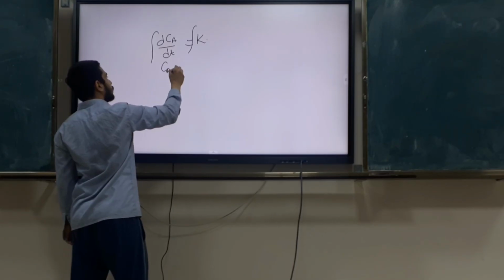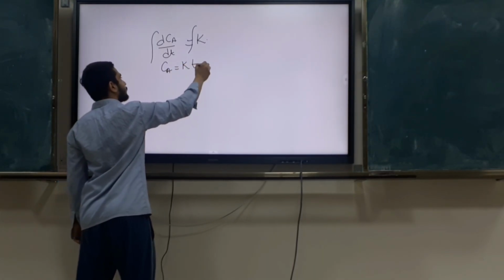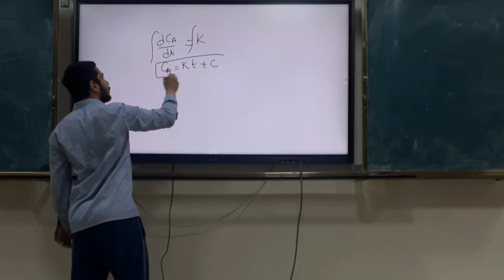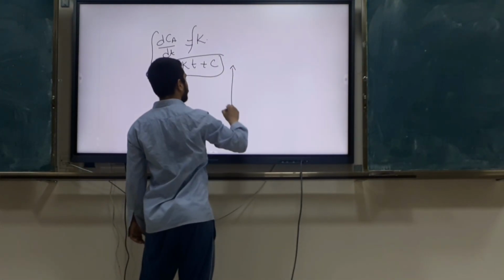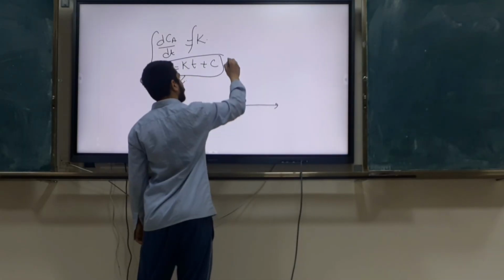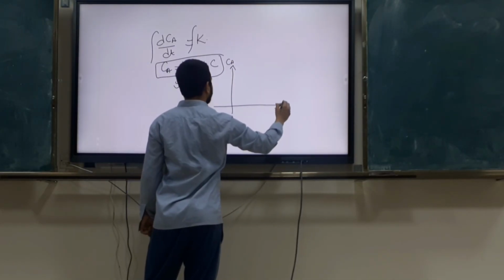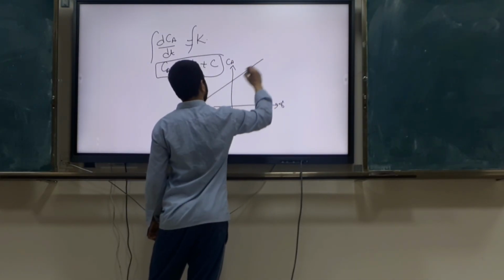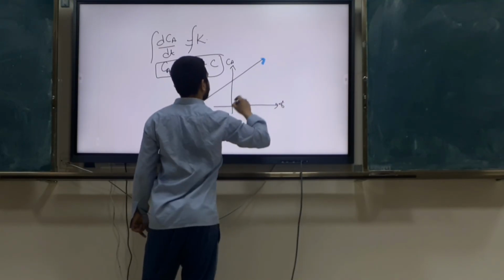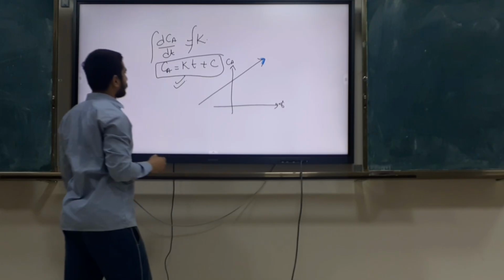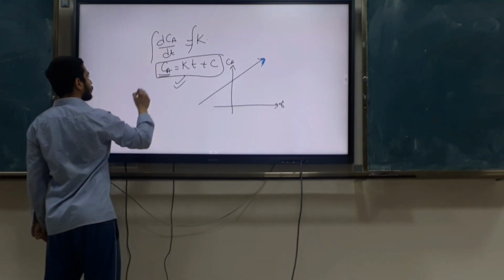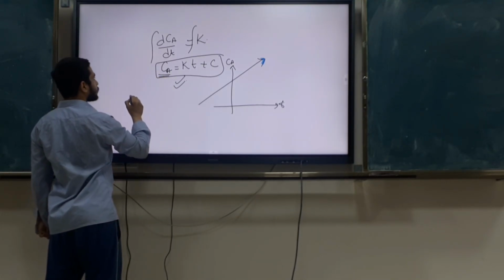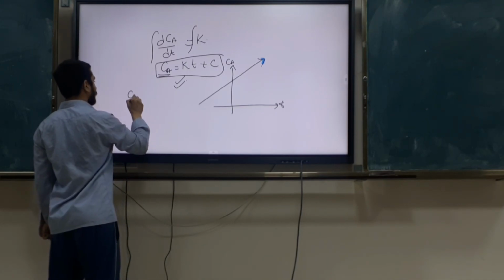Now we will integrate both sides for the zeroth order reaction. Ca is equal to Kt plus C. So the concentration is a linear function of time. So if we plot the graph between Ca and time, this will be linear, like this, concentration with respect to time. We know that Ca is equal to Ca naught into 1 minus Xa.